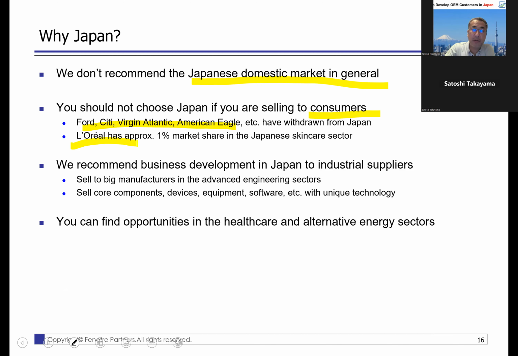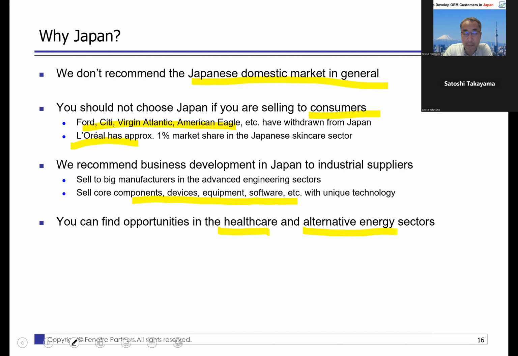However, if you are selling industrial products, like components, devices, equipment, industrial software, definitely Japan is the best destination. I recommend Japan to such industrial players. Furthermore, you can find business opportunities in the healthcare sector and the alternative energy sector. The reason for business opportunities in healthcare is simply the aging population.